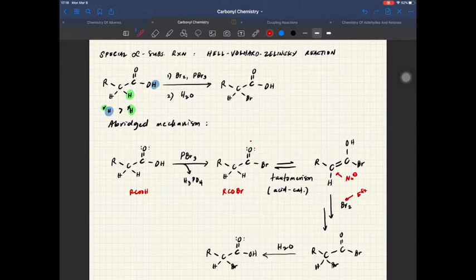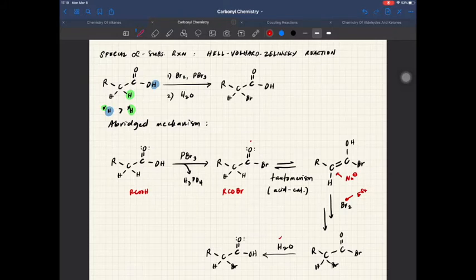So we have a successful alpha substitution reaction in the Hell-Volhard-Zelinsky reaction through conversion of carboxylic acid to carboxylic acid derivatives. The last step in this reaction is addition of water to hydrolyze the acid bromide back to carboxylic acid.